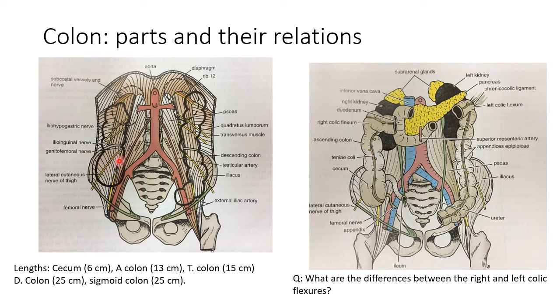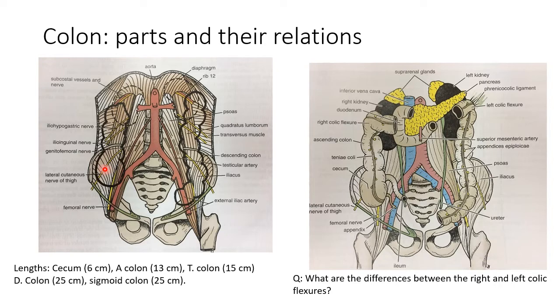Now what are the posterior relations? This is the cecum. You find it in the right iliac fossa. It's intraperitoneal, has no mesentery, and these are the structures related to it posteriorly. One is this muscle, and that muscle is the iliacus. There is another muscle, and that muscle is the psoas major.